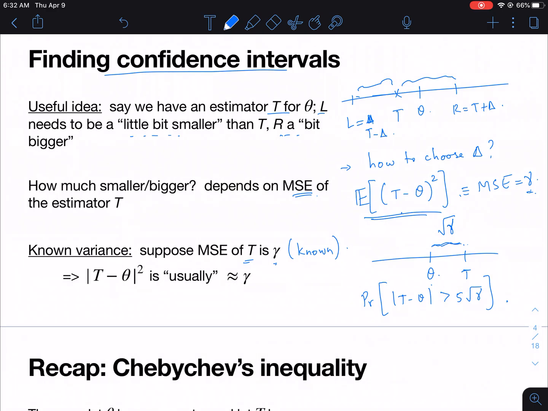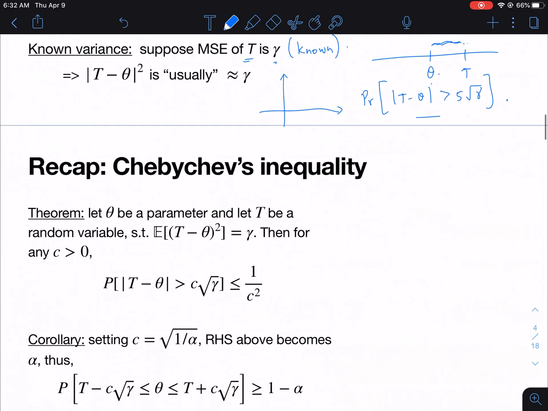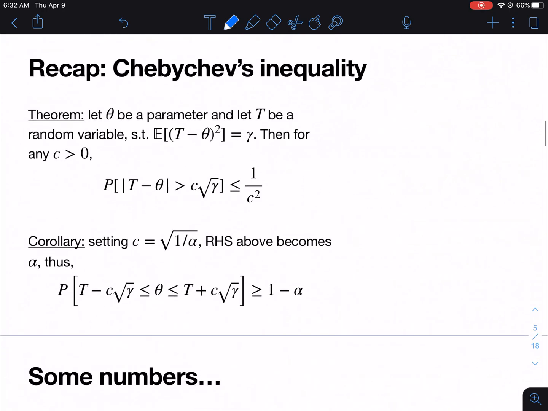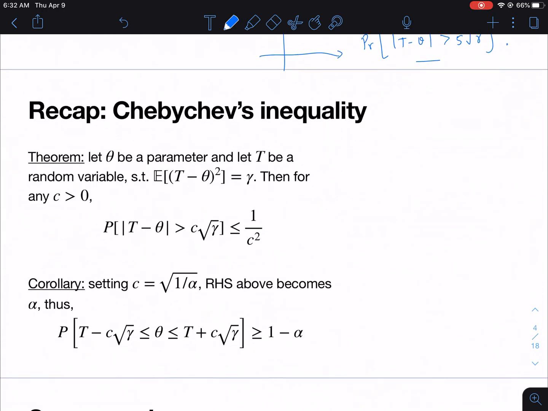This is true for non-negative random variables, and it was formalized by an inequality we saw last time, called Chebyshev's inequality. Chebyshev was a mathematician of the 18th or 19th century, and the proof is very simple, but it's a very useful fact.